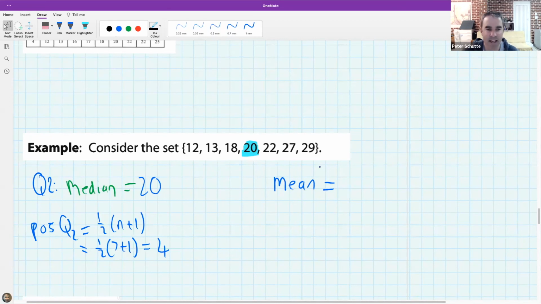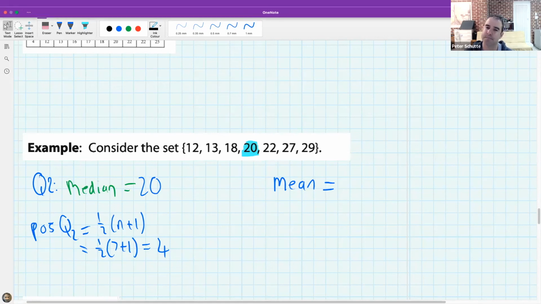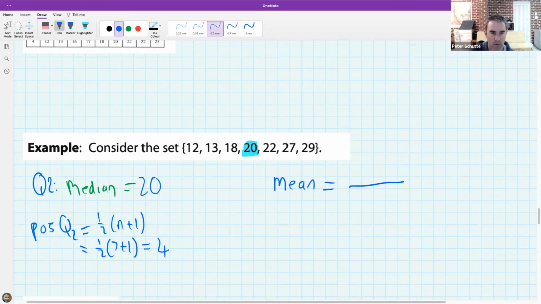Find me the mean of the data set over here. So we need to know how many items are involved. So 1, 2, 3. We know that there's 7, and then we might need to do some adding.